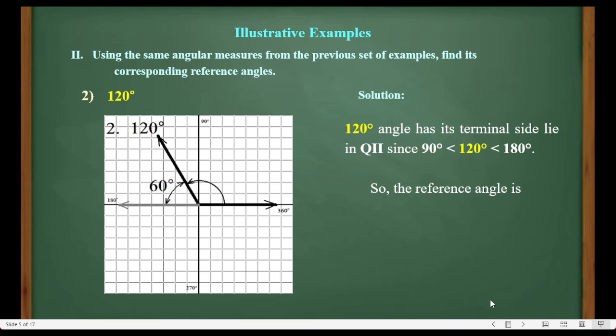Okay, so to compute for the reference angle of 120 degrees, we are going to subtract this given measure from 180 degrees, and you will notice that the answer is 60 degrees. Okay, and 60 degrees is obviously the reference angle we're looking for.